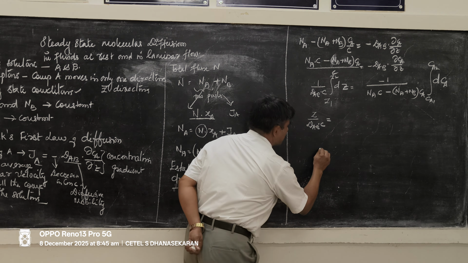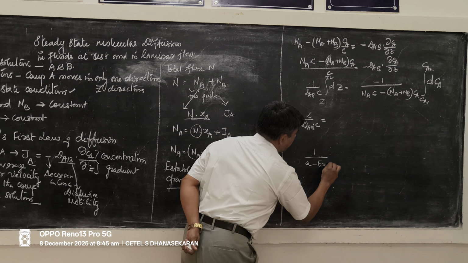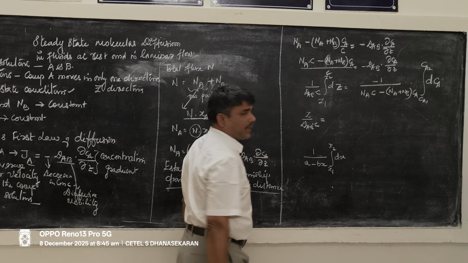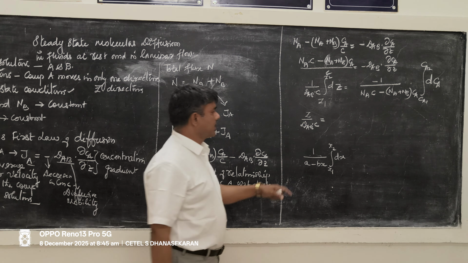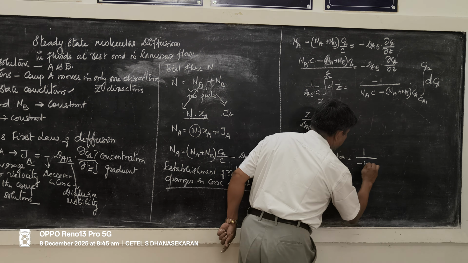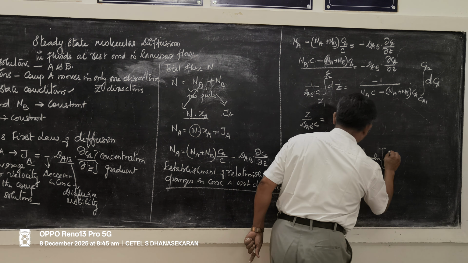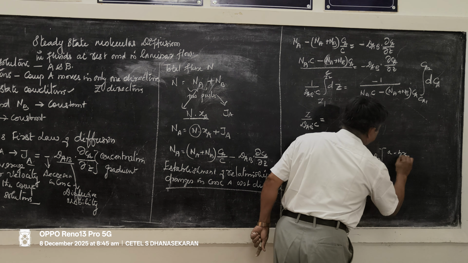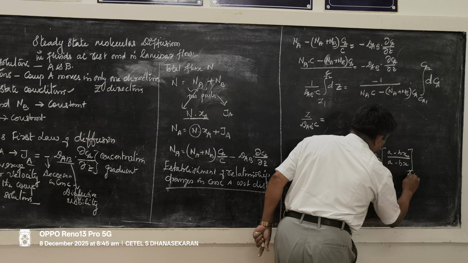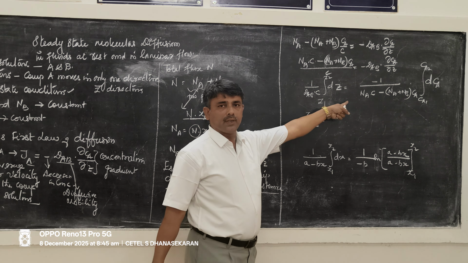This equation seems to be like this: integral of 1 divided by (A minus Bx) dx from x1 to x2. Clear? Mathematically, this becomes minus 1 by minus B into ln of (A minus Bx), limit x1 to x2. Apply this formula in this equation.